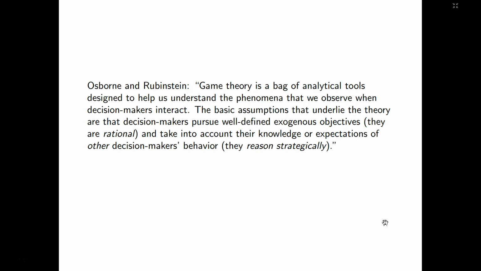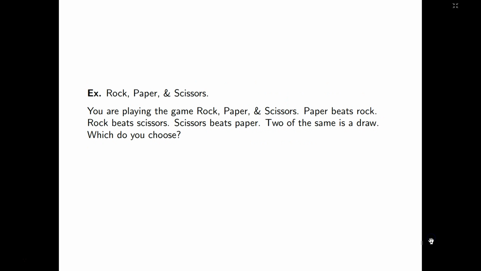They are aiming at maximizing their expected utility, and take into account their knowledge or expectations of other decision makers' behavior. They reason strategically, and that's the new bit in game theory. That's what we're adding now, this idea of strategically reasoning about what other decision makers are going to do and how that ought to affect one's own behavior.